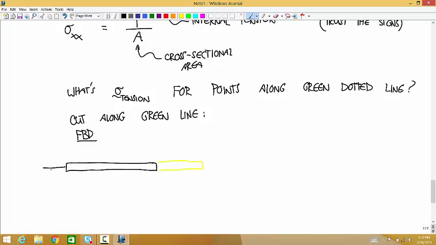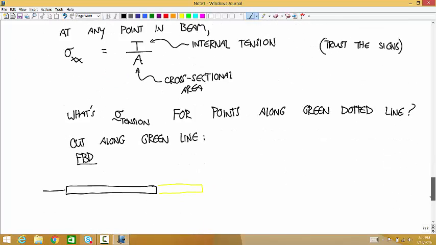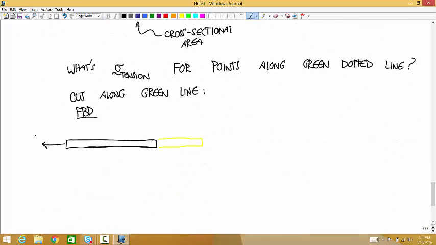And we have 8,000 this way. Over here we have 2,000. And we don't make it all the way to the end, so the only other thing we have is a tension. You could also put in the shear force and bending moment and torque, but those are all going to be 0. So I'm just leaving them off here.